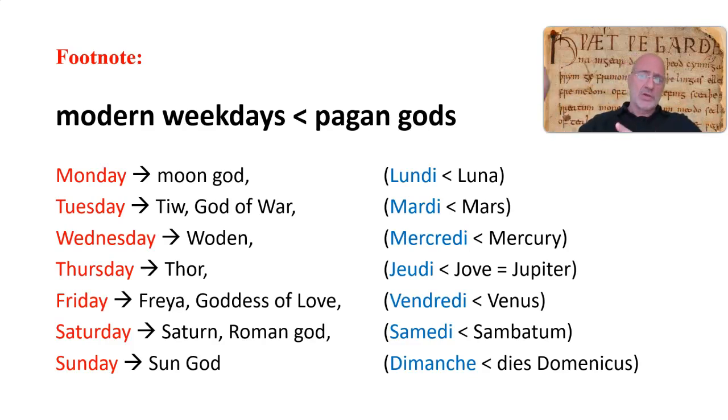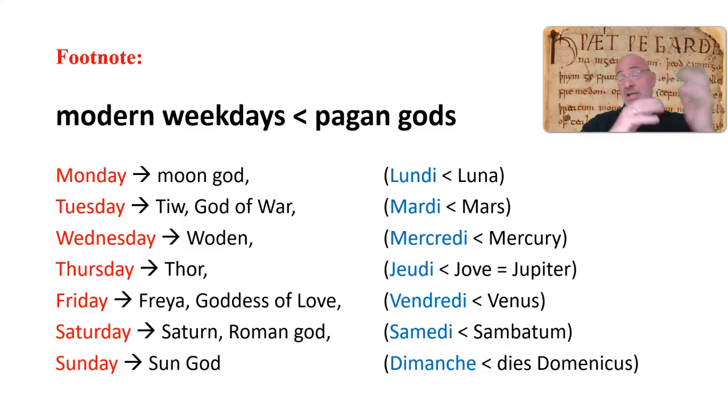Same thing, goddess of love with the Romans. Saturday is the only Roman god the Anglo-Saxons cultivated, if you like. Saturn, the Roman god, as you have in Samedi, Sambatum, it's Saturn as well.